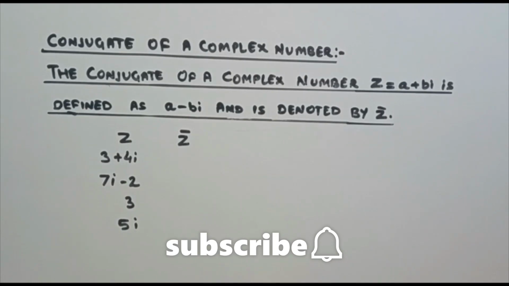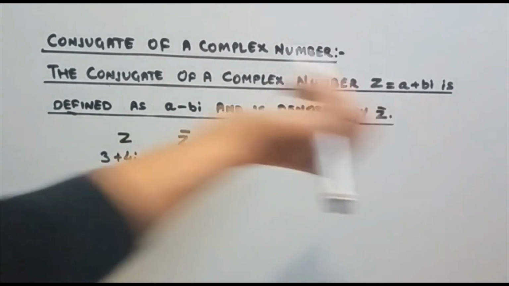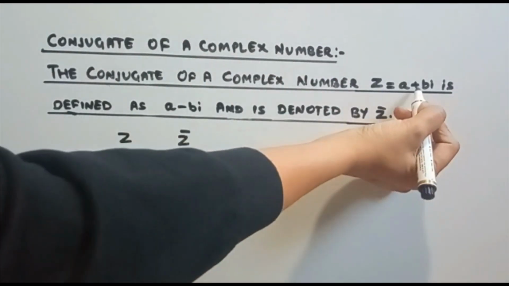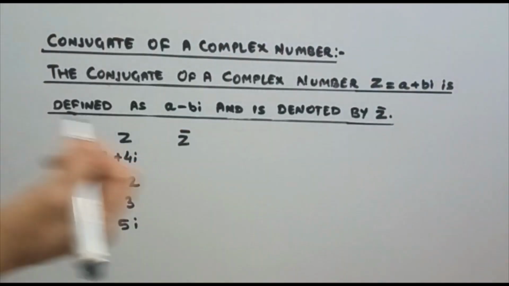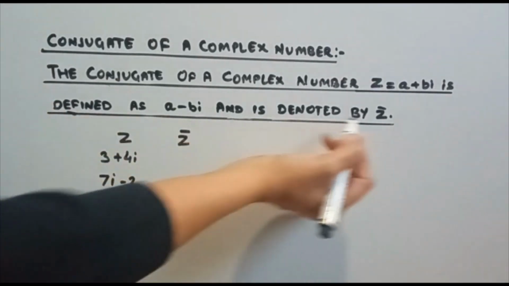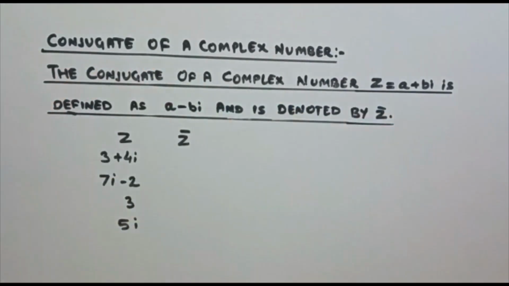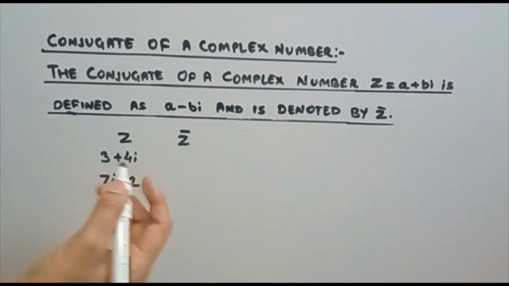Conjugate of a complex number. Suppose we have a complex number z is equal to a plus bi. So its conjugate is, this imaginary term is with the plus sign, you write this with a negative sign, and it is denoted by z bar. So this is the conjugate of a complex number.